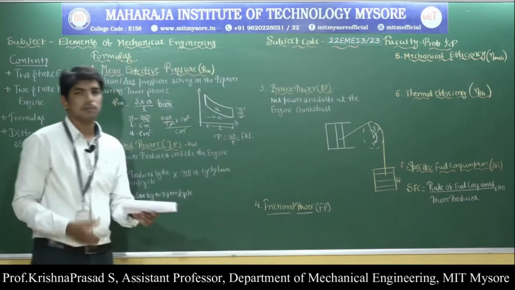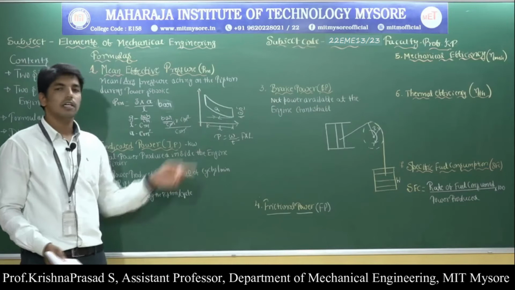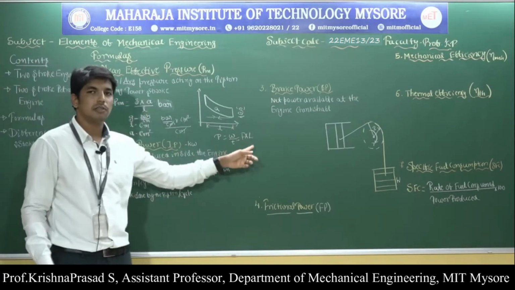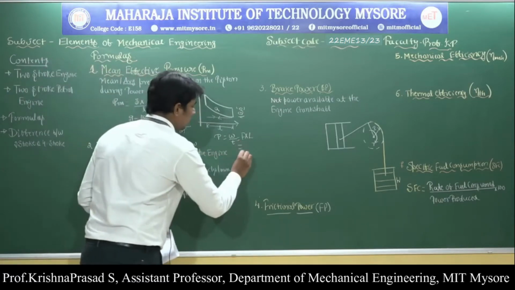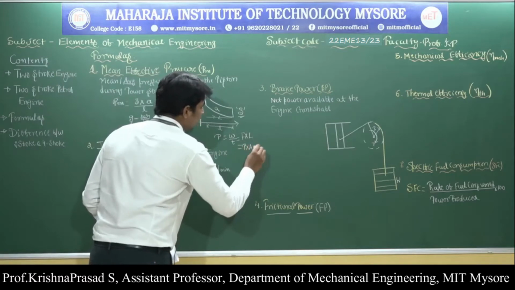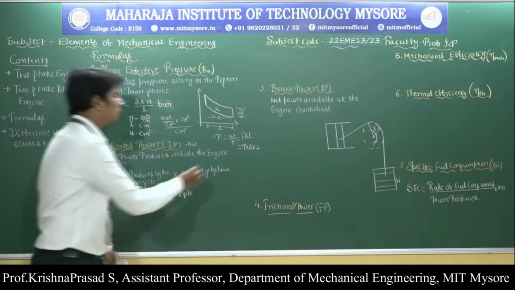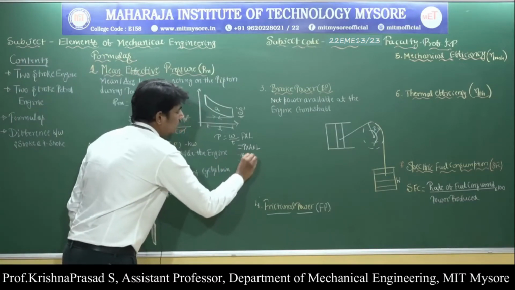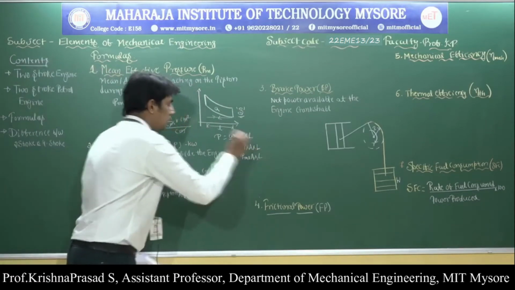So what is meant by the displacement? Displacement is nothing but stroke length. That means the piston travels from TDC to BDC, that is the displacement, called stroke length. And we can also take force as pressure into area into L. Here pressure is nothing but the mean effective pressure, which I can take as PM. A is the area of the cylinder, and L is the stroke length.